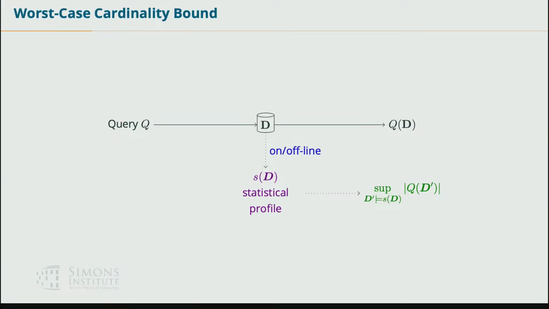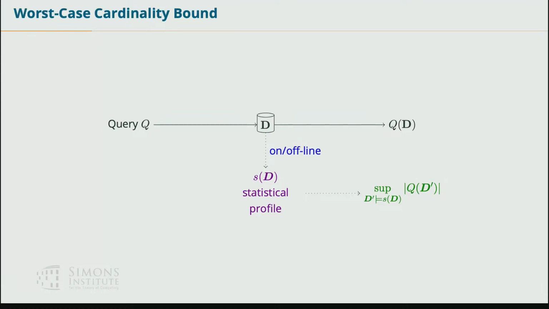We have a database, and we have a profile, some kind of samplings or some kind of statistics about the data in the database, like the degree of vertices in the graph or the number of edges in the graph and so on. And let's say we would like to know the following. Let's forget about answering the query to begin with. Let's just say that I would like to estimate an upper bound on the output size of this query.